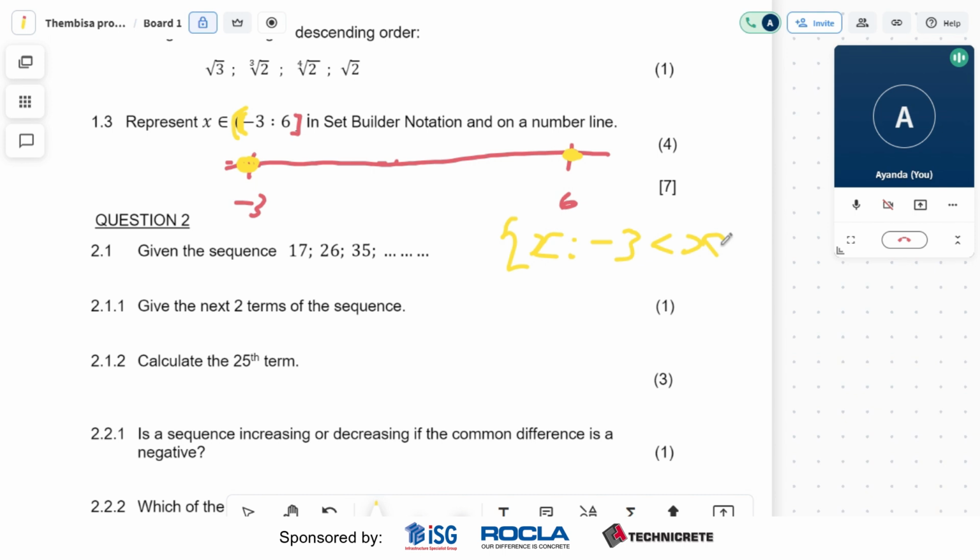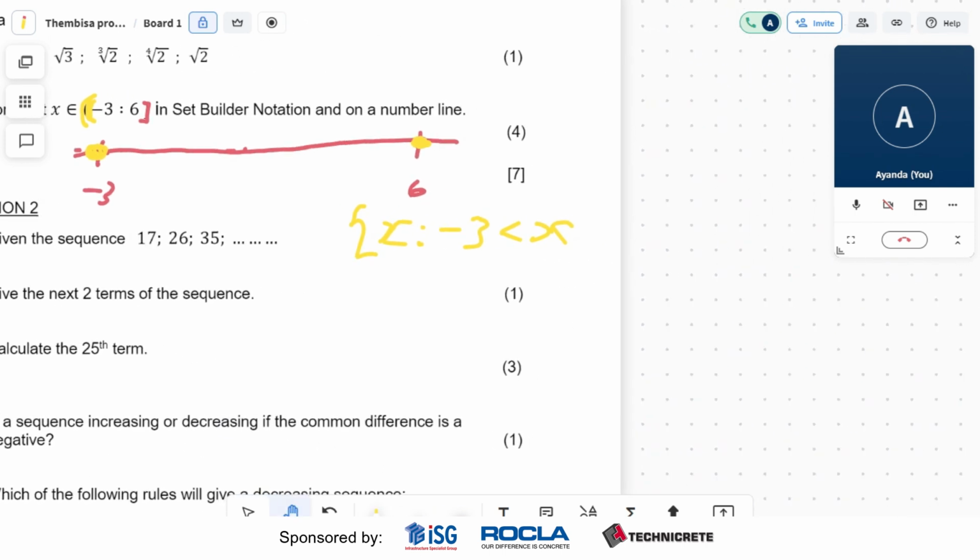X needs to be greater than -3 since it's not included. But it must be less than or equal to, since it's included, 6. And very importantly, we need to express that x is an element of real numbers. And that's it.